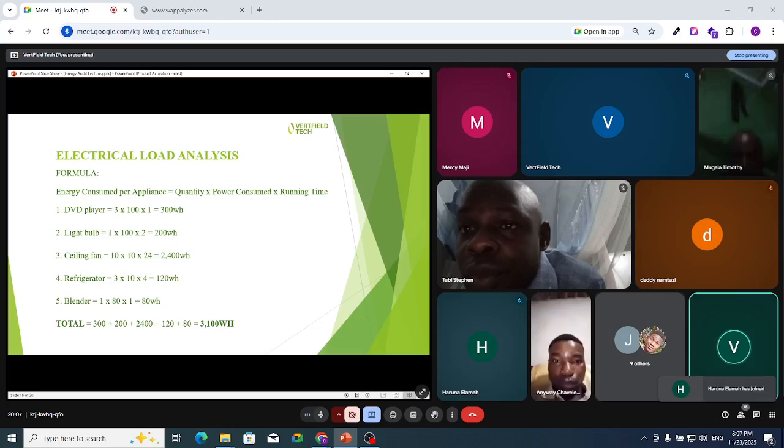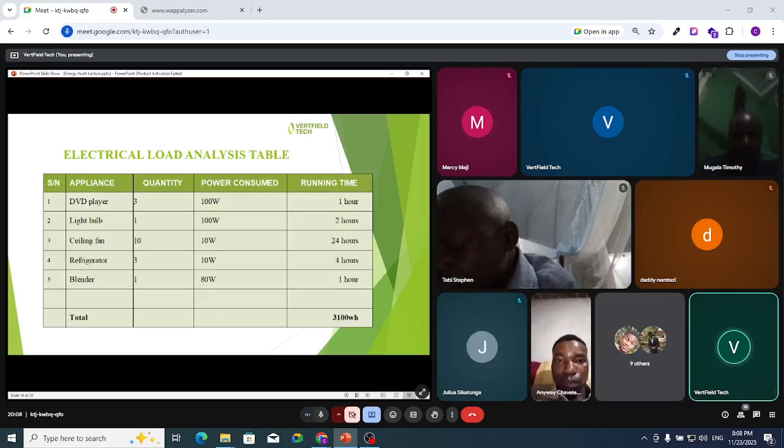That is the magic we have been able to perform in Mr. Steven's facility, and we have gotten the energy need of the facility to be 3100 watt hour. And from here, we can now go ahead to design for the various solar components.